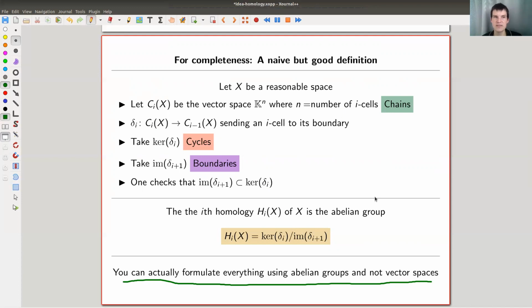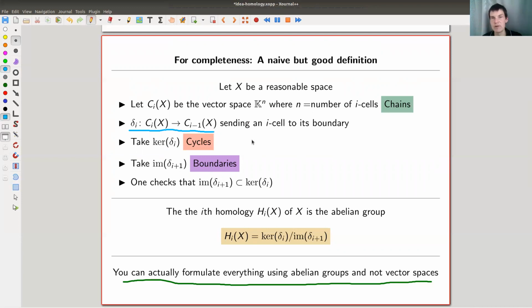So each chain is a basis vector in my vector space. Very good. And you have this funny map delta, a so-called chain map, and it goes from C_i, these are i-dimensional chains, right? So i-dimensional cells, right? So edges were one-dimensional chains.